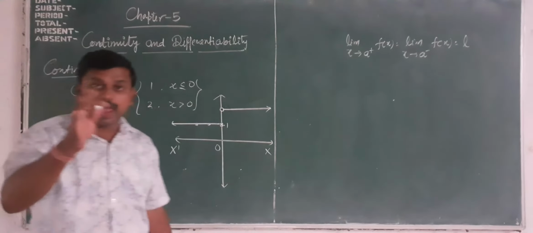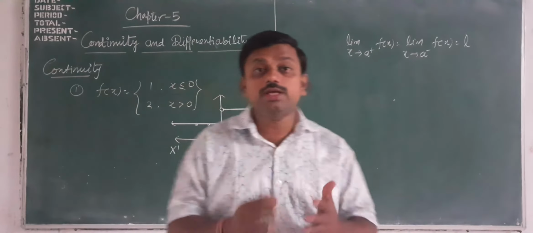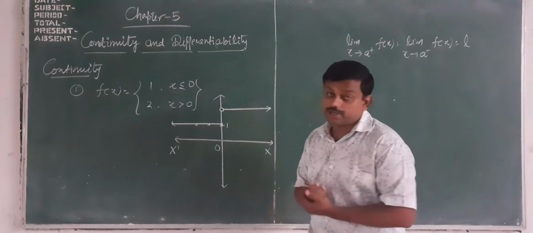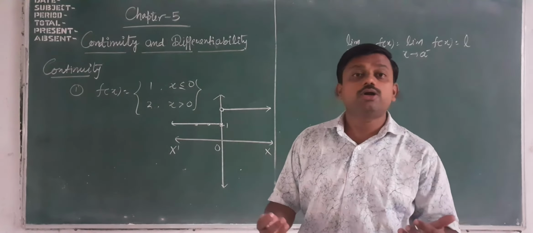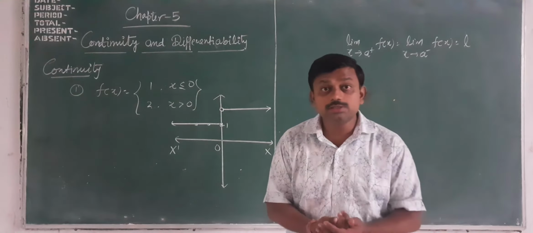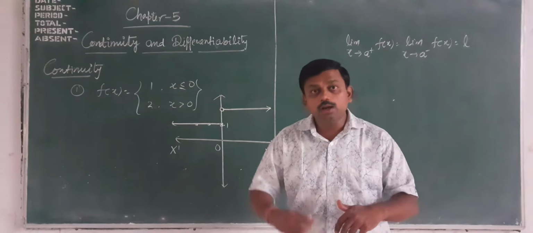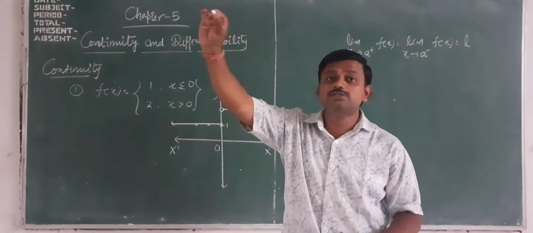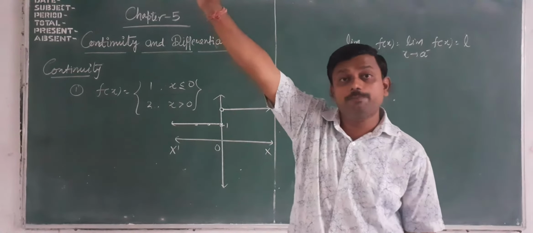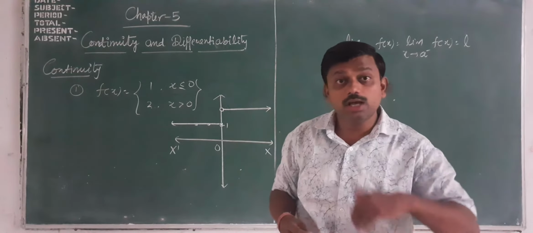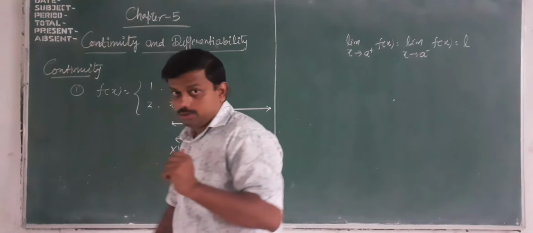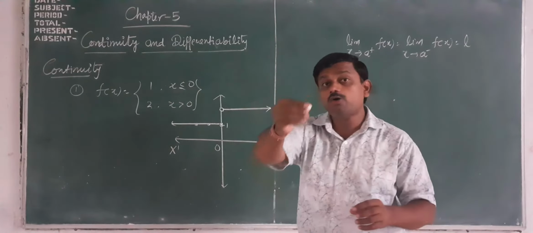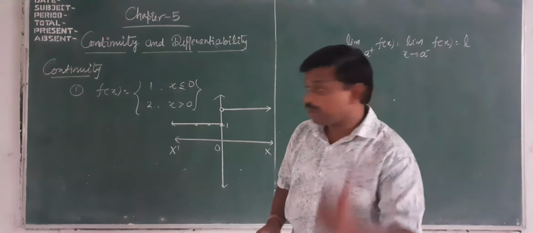Without lifting the pen from the paper, we cannot draw the graph of that function. So this function is not continuous. Continuity means if we are able to draw the graph of any function without lifting the pen from the paper, that function is called a continuous function. So why can we not draw the graph of this function without lifting the pen from the paper?